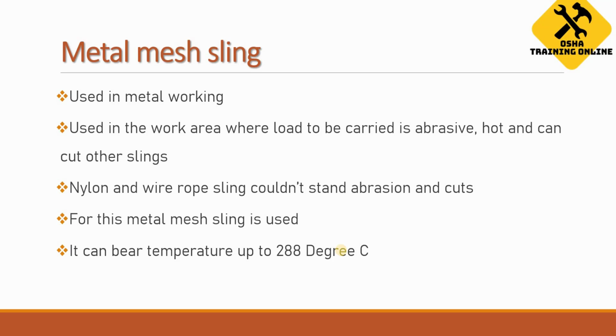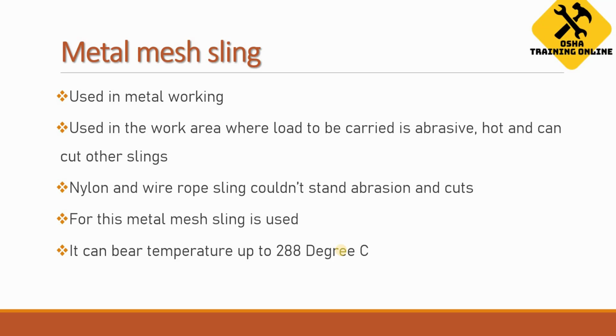Abrasives are the ones which make cuts and crush. Those materials can't be handled with wire or chain slings because the wire or chain sling may be cut by abrasive or hot materials. So only metal can pick it up, and that is the metal mesh sling.